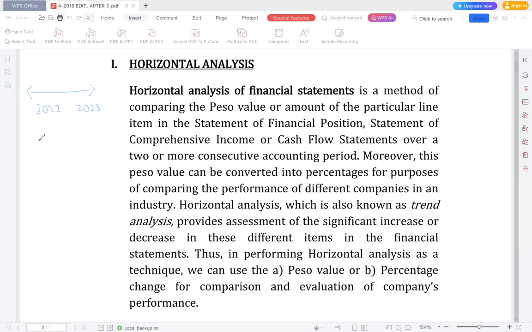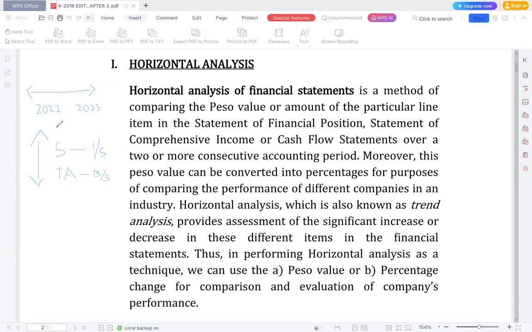On the other hand, vertical analysis provides the method of comparing the result of the performance of the firm based on either sales or total asset. So for income statement accounts, we base it on sales, while for balance sheet accounts, we base it on total asset.